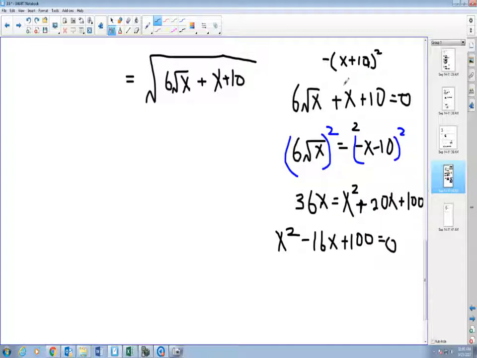So let's check it. Normally it's supposed to be x squared plus 20x plus 100.